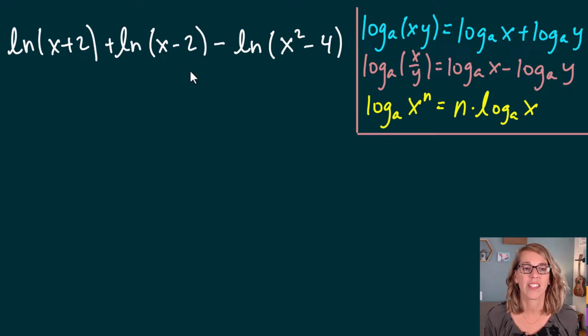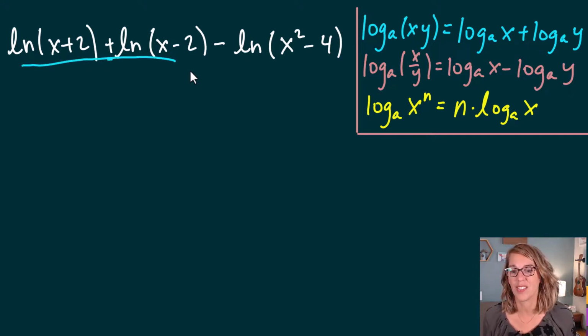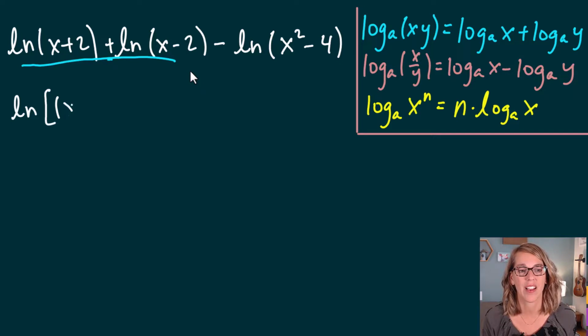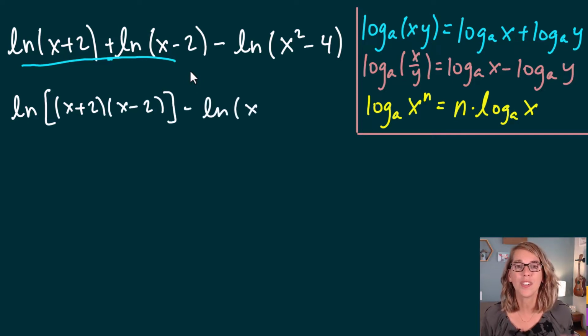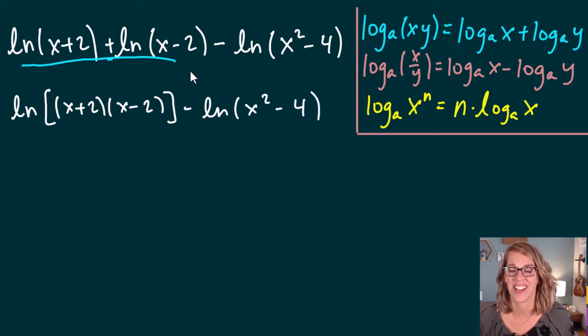I notice that I've got this sum right here, so I'm going to combine these first two into a single logarithm, multiplying those two arguments, the quantities in parentheses, together. So I have the natural log of x plus 2, x minus 2, minus, I'm going to do this in another step, but you could have put that into the denominator in this step as well if you recognize that.